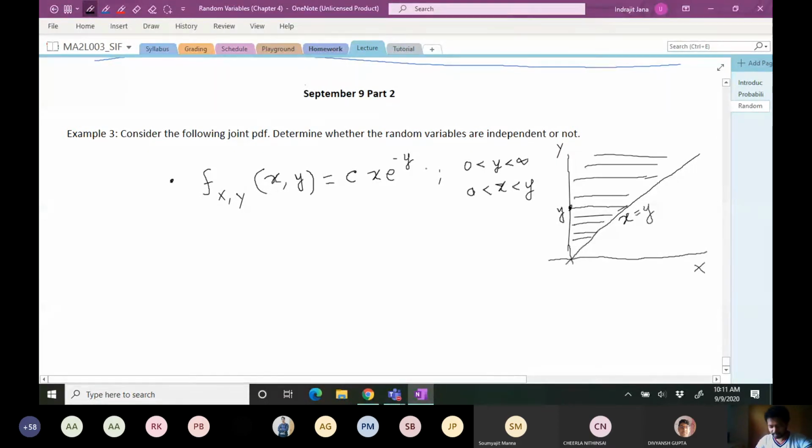As you know, this domain can equivalently be written as, I also talked about that in the discrete case, sometimes that is useful: if I do x first, it's going to be 0 less than x less than infinity, and y is from x to infinity.